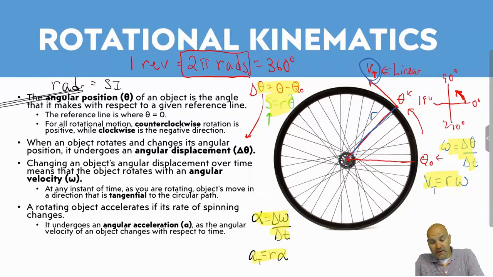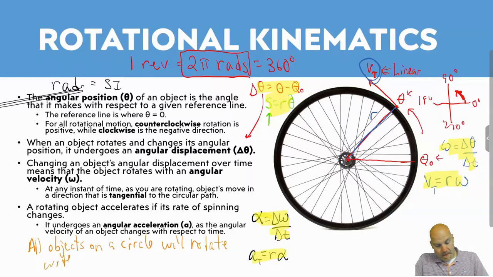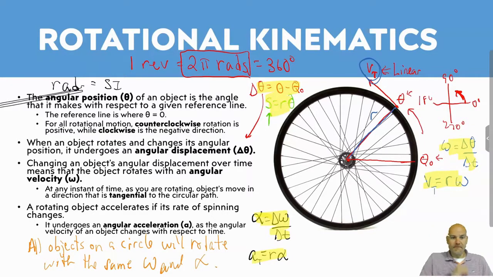Another important thing to note, I'll write down here: all objects, or all points on a circle, will rotate with the same omega and the same alpha. I should have put that note in here.